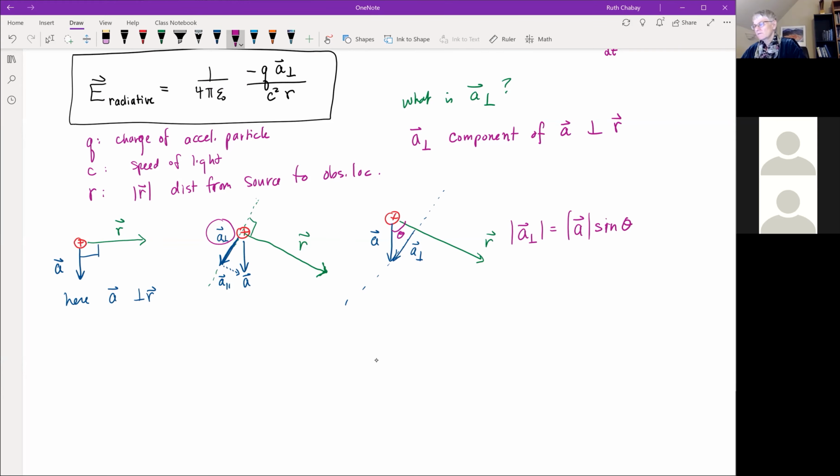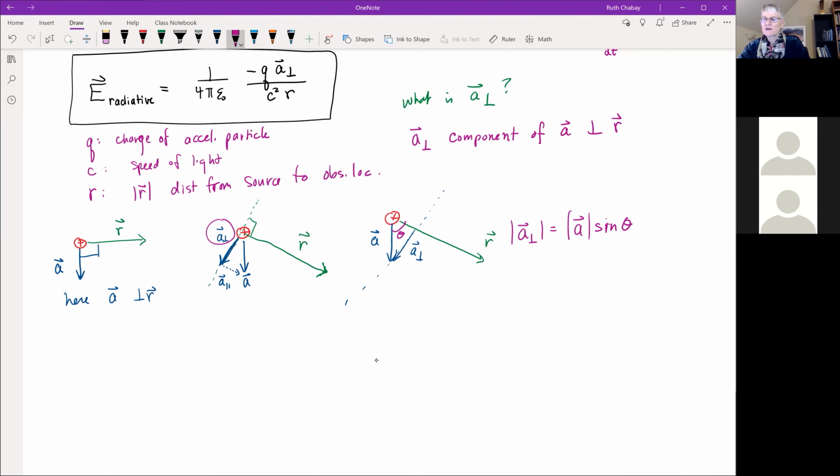You'd have to know the angle. So you need to know the direction of the acceleration and the direction of R, the vector pointing from the source to the observation location, in order to do this calculation.